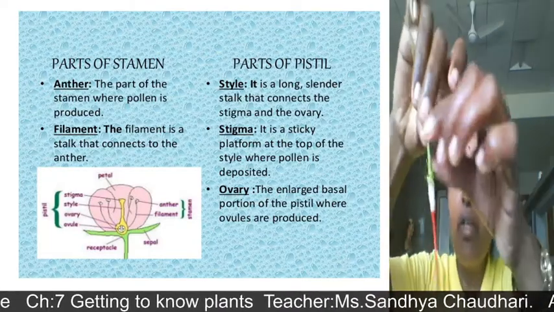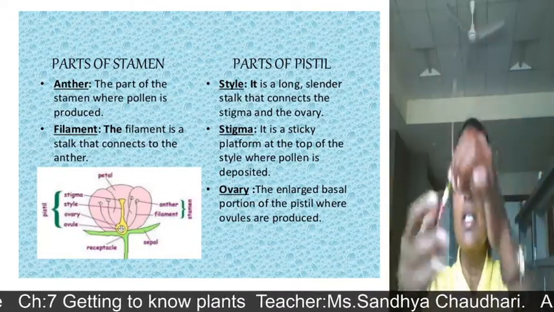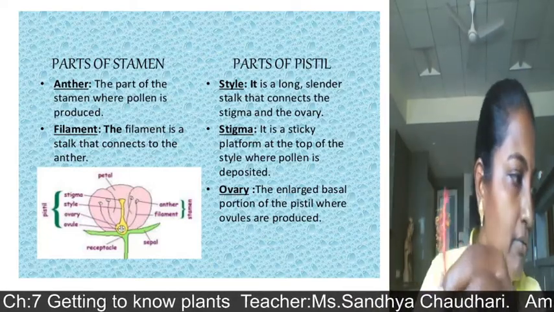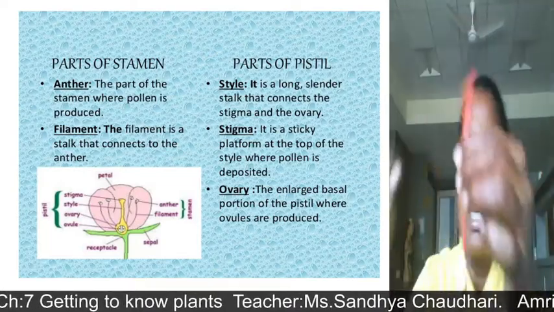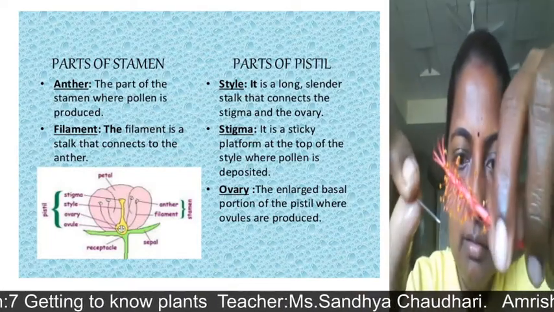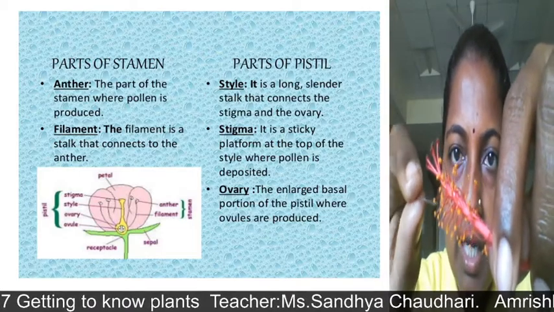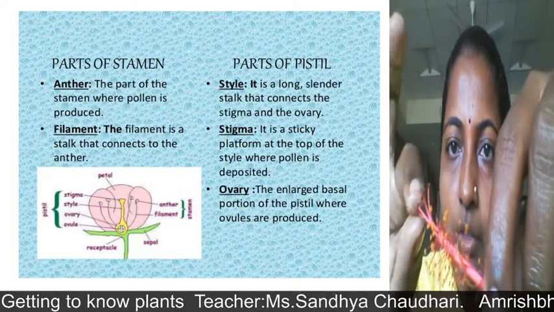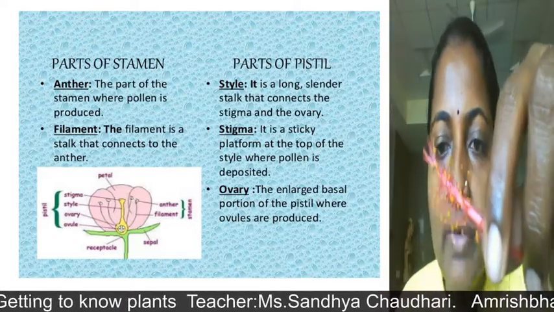Okay. Now after removing this, you can see both the male and female reproductive parts of a flower. Here you can see this yellowish part, that is called anther, and the part which is connecting to the stalk is called filament.